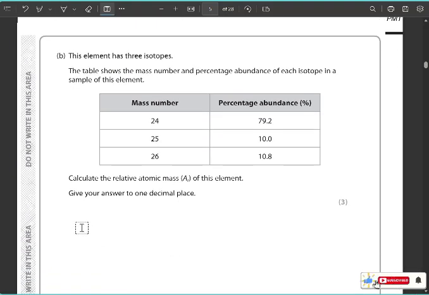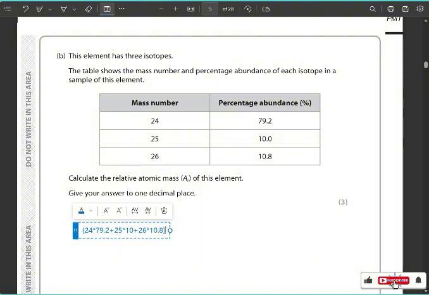Okay, we can easily calculate it. 24 mass number multiplied by 79.2%, plus 25 mass number multiplied by 10%, plus 26 mass number multiplied by 10.8%, and we divide by 100.